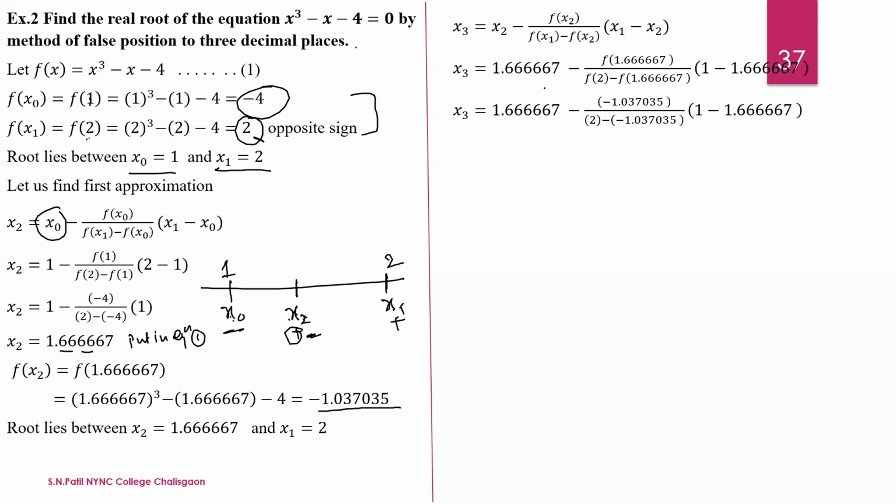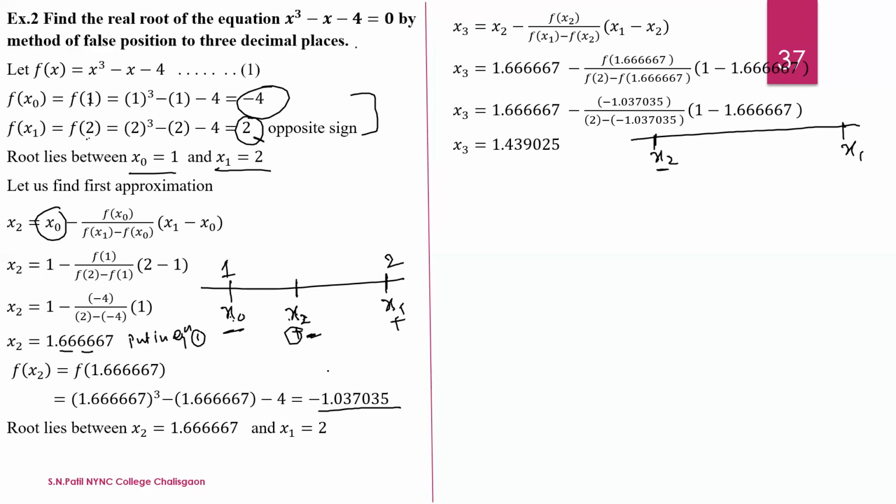Here minus minus plus, that is 3.037035. Here we get the negative value. Through the calculator, we get x3 is equal to 1.439025.